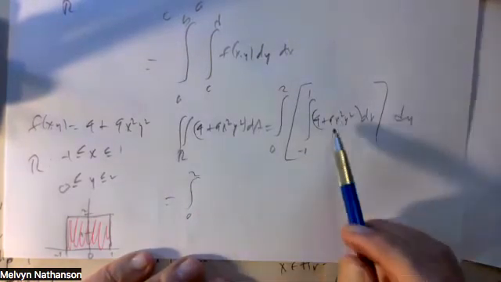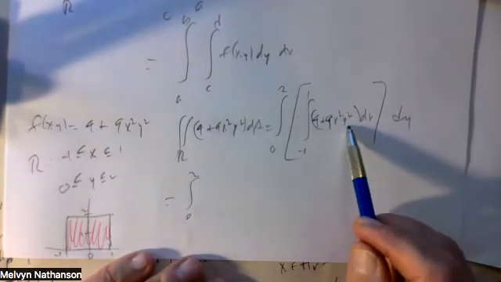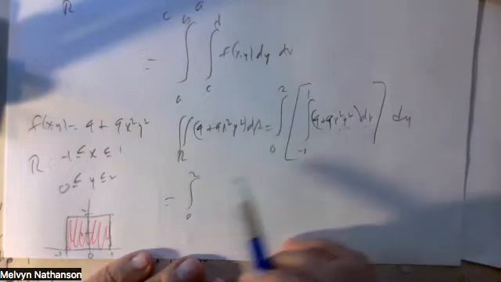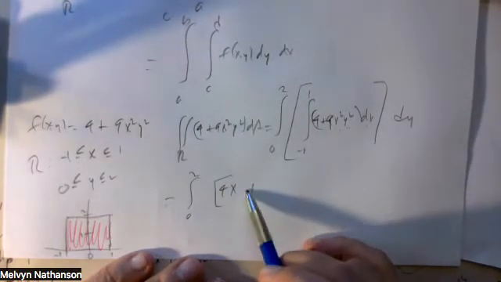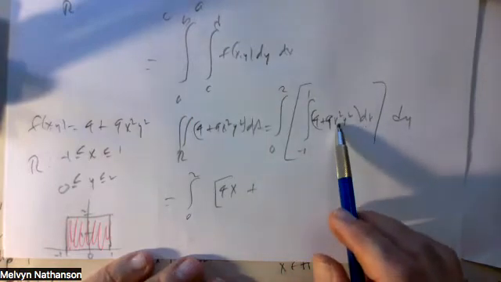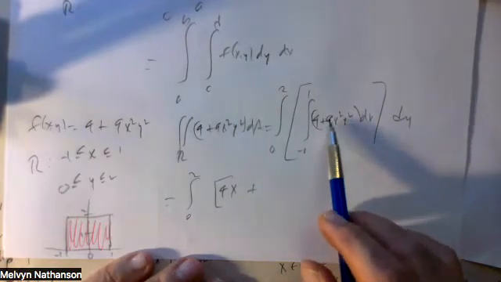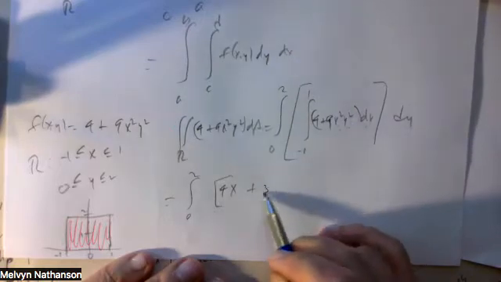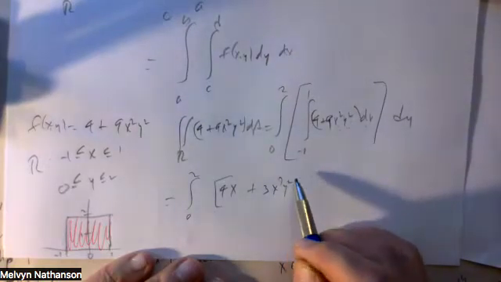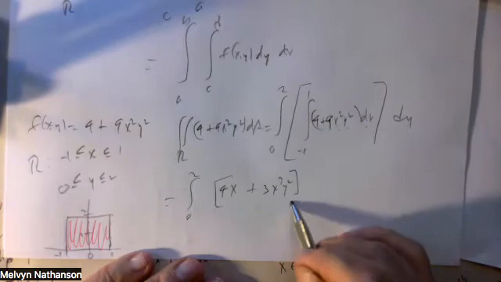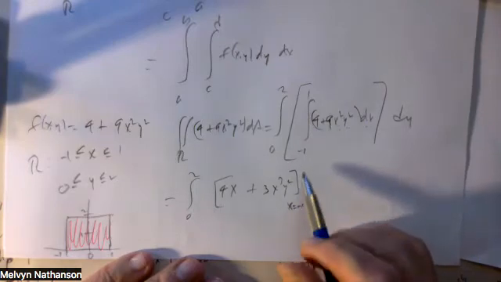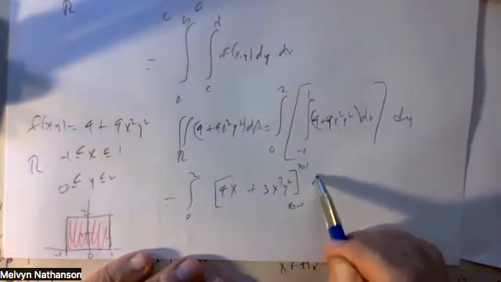When I integrate 4 plus 9x squared y squared with respect to x, I get 4x, and the integral of x squared is a third x cubed. 9 over a third is 3, so plus 3x cubed y squared, evaluated from x equals -1 to x equals +1, dy.